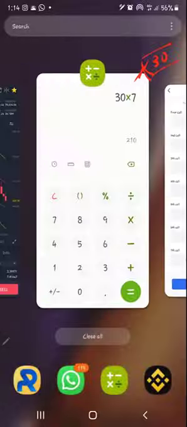So by the time you come here, your calculator, and you do 0.8 times 30, this is 24. It means for every dip, the robot will purchase a coin of $24 again. And when you do $24 times 7, you see it's 178. There is enough capital. The robot will not go dry in capital. It will trade very well for you.